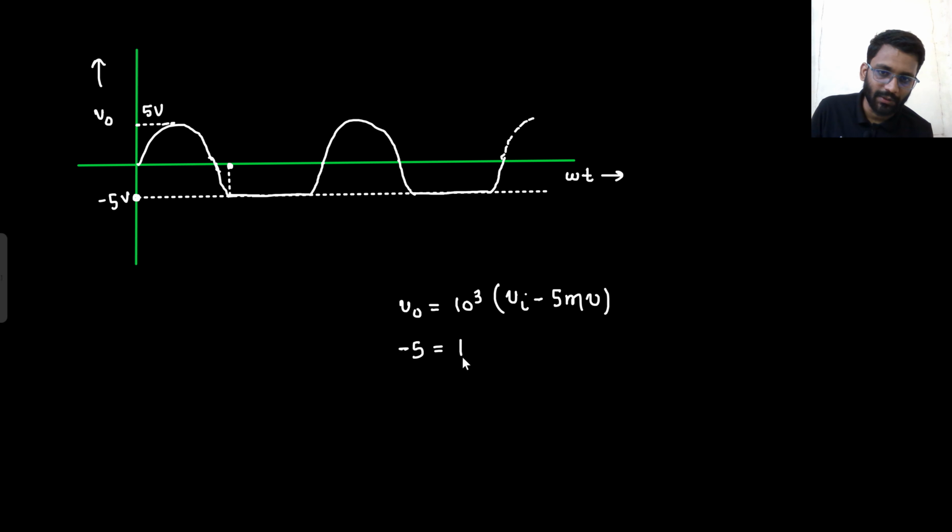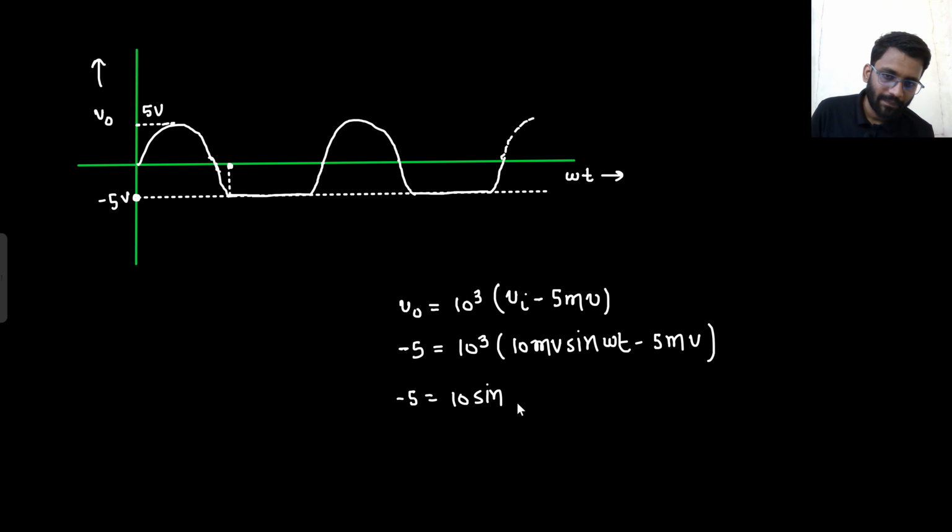Minus 5 is equal to 10 to the power 3 times V in. What was your V in? V in was 10 millivolt sin omega t. So minus 5 is equal to 10 sin omega t, in millivolts.